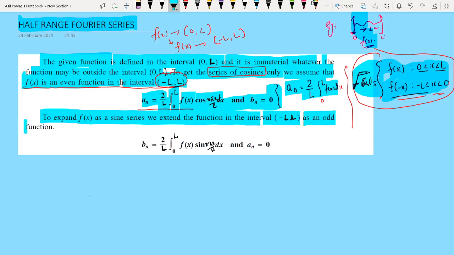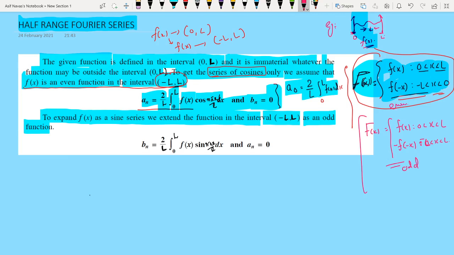So we can extend f of x as an odd function in the interval minus L to L. I told you that we can do that, because if you take the extended function f of x and define f of minus x for minus L less than x less than 0, this is the odd extension and this is the even extension.